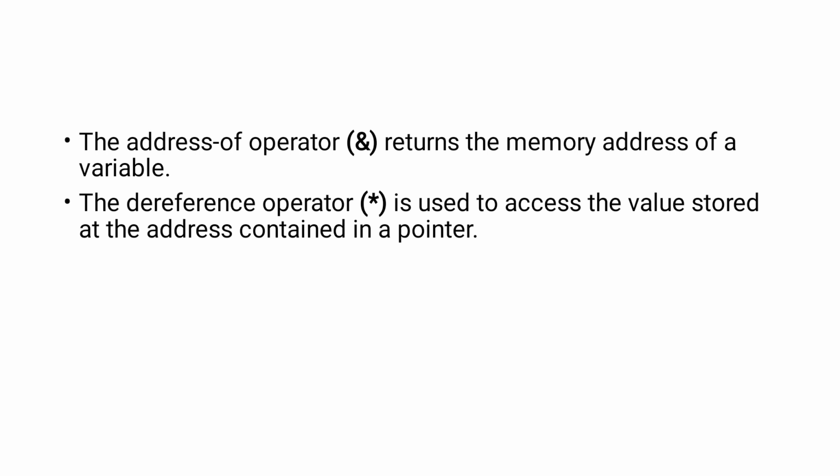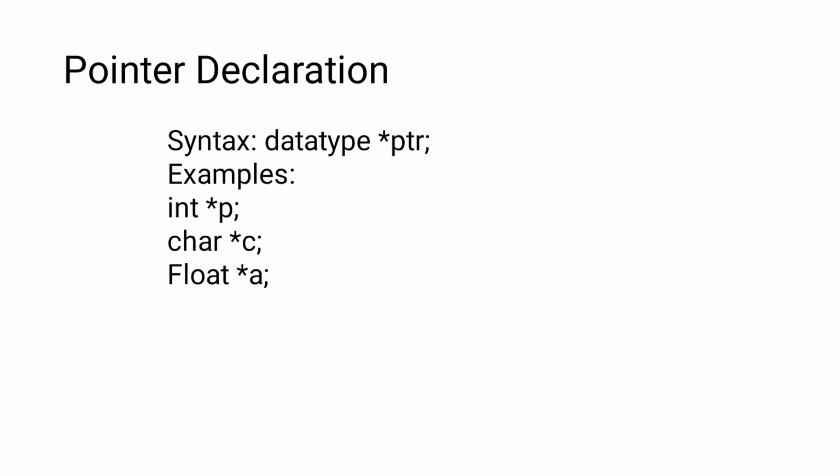It is used to access the value stored at the address contained in a pointer. So if I want to access the value pointed to by the pointer, we can use the asterisk operator. And if I want to access the address, that is possible by using the address of symbol, the ampersand.